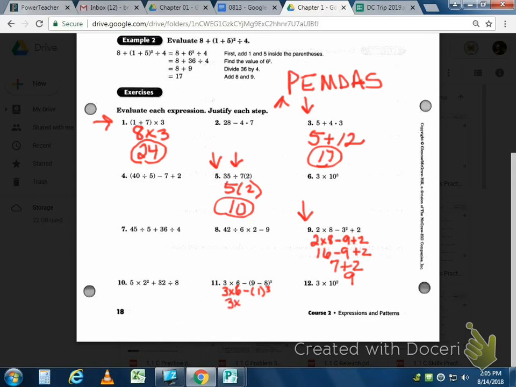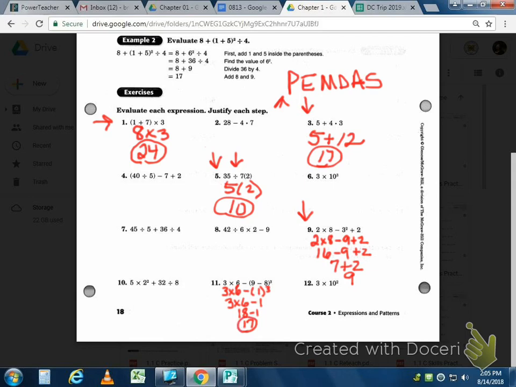So 3 times 6 minus 1 to the third power is 1. Multiplications and divisions, I've got 3 times 6, 18 minus 1. And then finally 18 minus 1, 17.